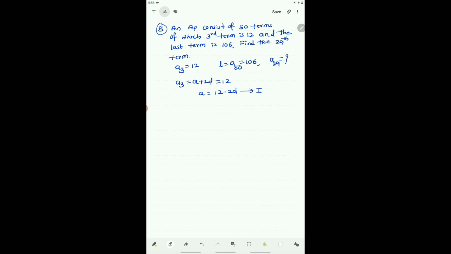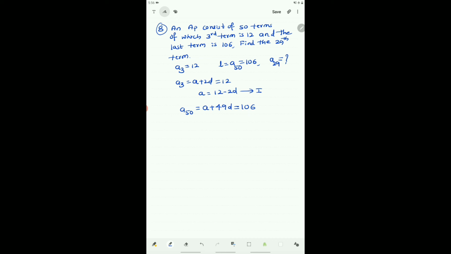Then you write again A50 is equals to A plus 49D, that is 50 minus 1 is 49. A50 means A plus 49D, that is equals to 106.